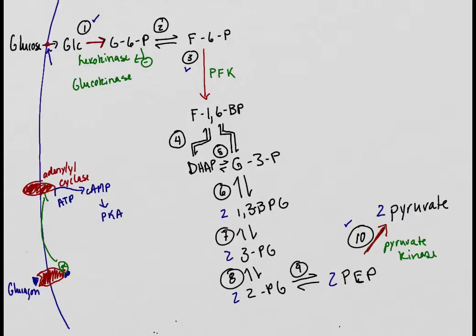Glucokinase, however, is regulated because with a Km that's between 2 and 5 millimolar, we can see that it only becomes active after a meal. So just the high Km of that enzyme serves as a way to regulate it.